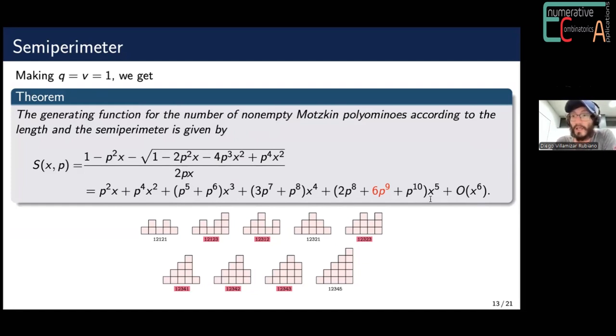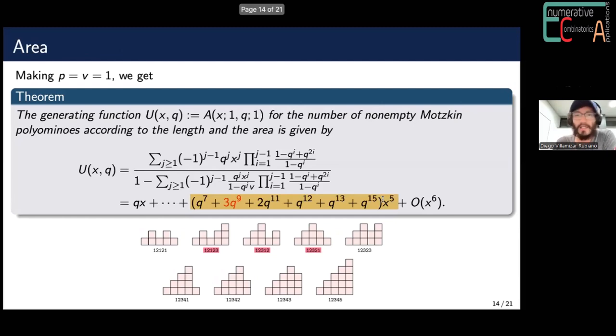If I expand this and look at x to the power of 5, this monomial tells us there are 6 polyominoes, labeled by pink, with semi-perimeter equal to 9. If you do the same thing with the area, you get that. So here, this is telling you that there are 3 Munchkin polyominoes with area equal to 9.